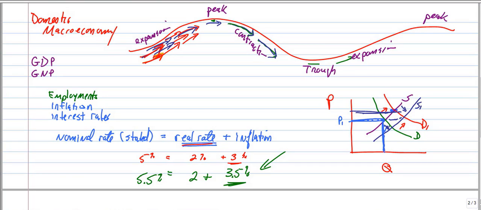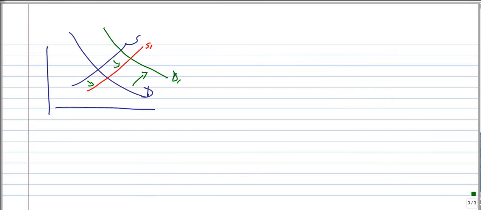Well, when the government does it, and they do, don't they? They run a budget deficit. When the government spends more money than it has coming in, then guess what? It has to borrow the money. And the more money that the government borrows, if you'll work with me here for a second, let's assume that this is the price of money, which is the interest rate, and here's the quantity of money.